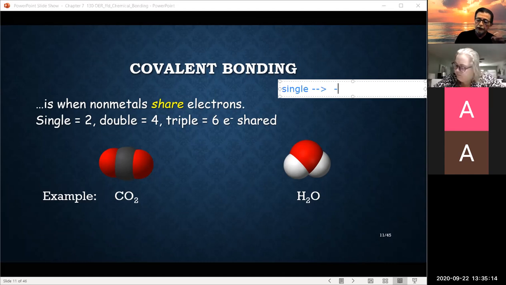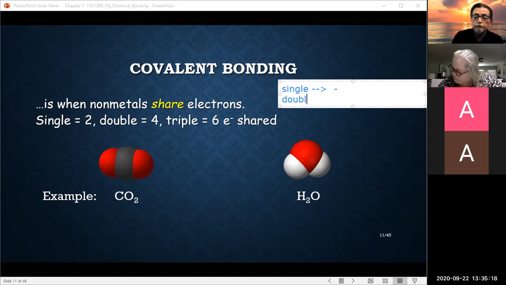We also have a double bond, which you'll see denoted by an equal sign, basically two lines. Each line represents two electrons, so there are 4 electrons in a double bond.